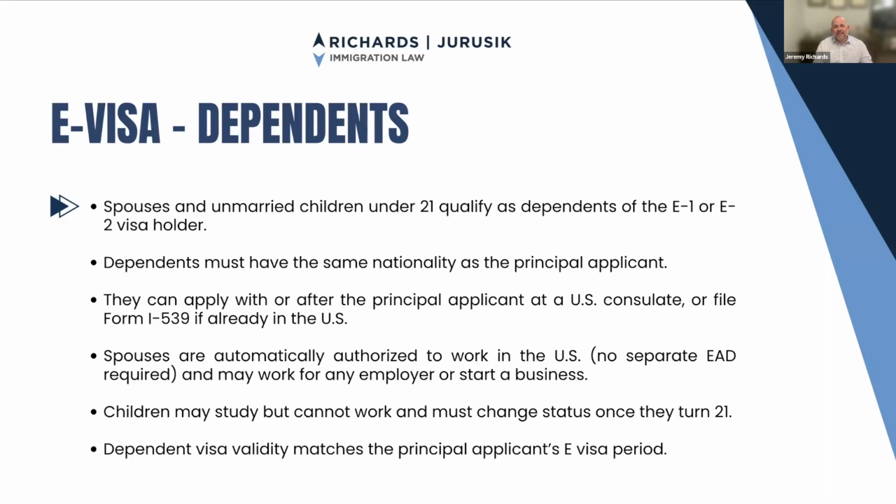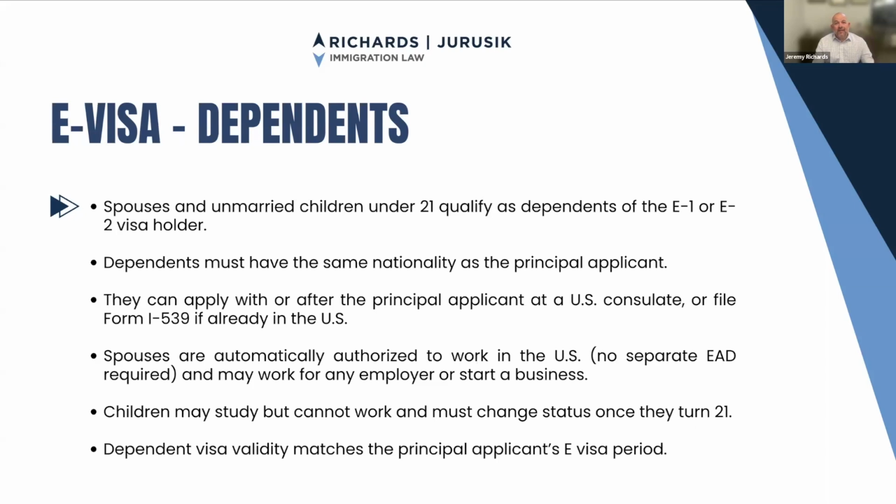Now there are a few ways to get the spousal visa. The best way is to get it at the consulate. But if you are in the United States, there's ways to change status to get that status as well. But the best way is to get it through the consulate and obtain a 5-year dependent visa with that.